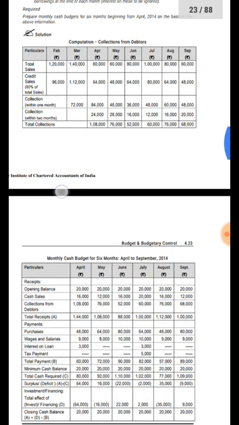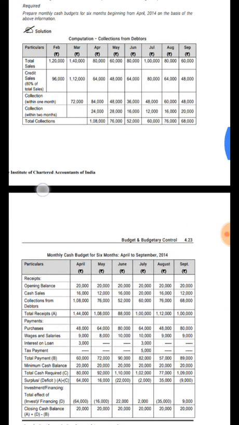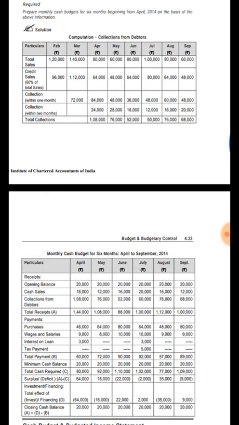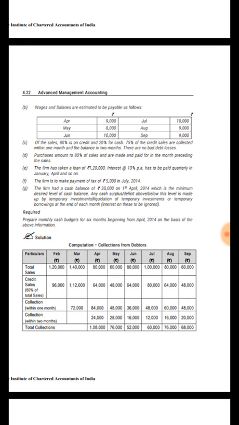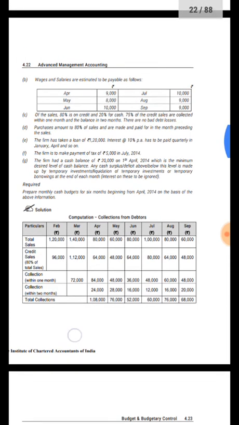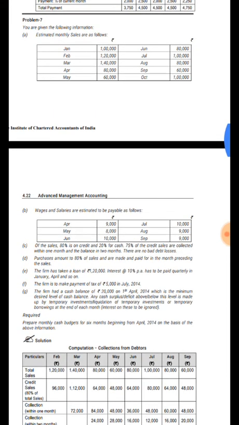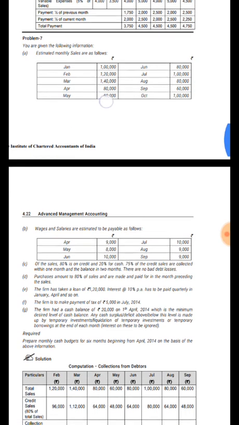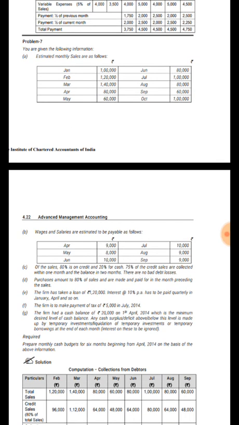Now we can get into preparing the budget. April to September, we have to make. Opening cash balance, how much they said? 20,000. Then cash sales, they are saying 20% is for cash. So for April to September, whatever sales is given, in that 20% is cash sales.